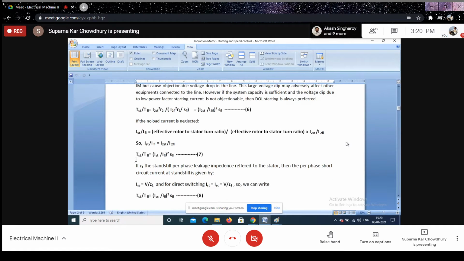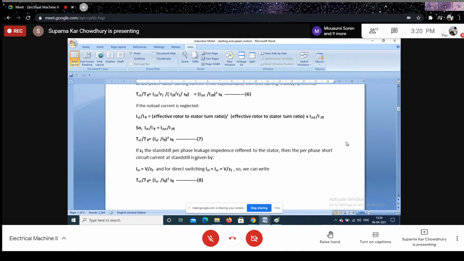shunt branch current. So our actual expression was T starting by T full load is I2 starting by I2 full load square into S full load. This is approximately I starting by I full load square into S full load. Now, if Z1 is the standstill per phase leakage impedance referred to the stator, then the per phase short circuit current at standstill is given by the voltage divided by the short circuit impedance.